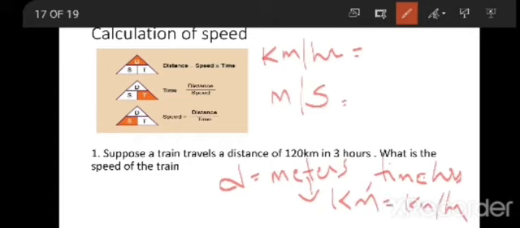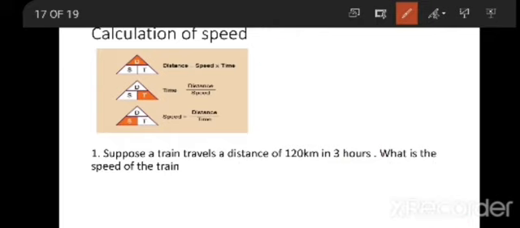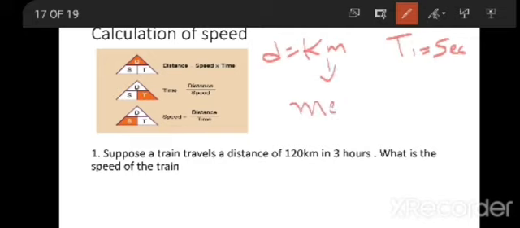Clear? And if they have given distance in kilometers and time in seconds, you have to convert kilometers into meters, because the units should be the same. They should not be different.